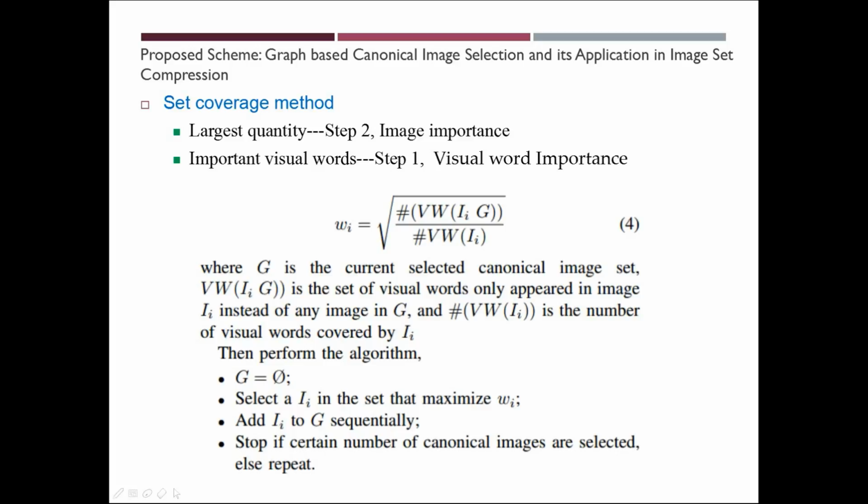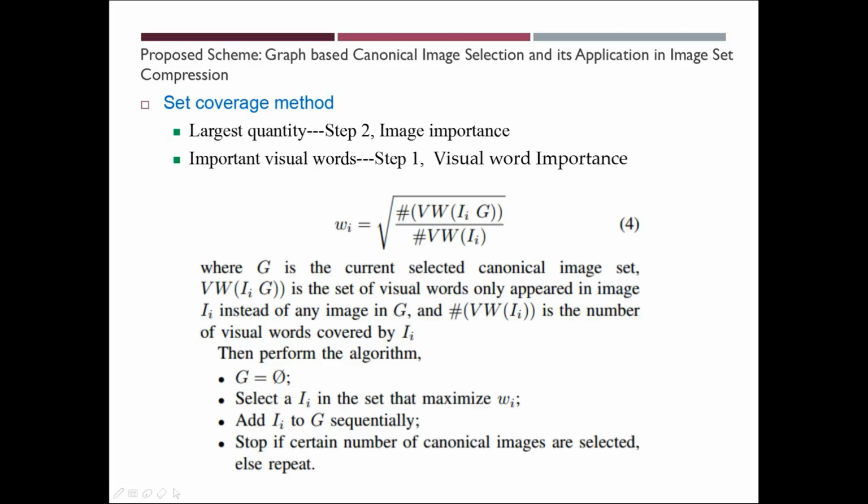Then we define this omega I, and in this equation, G is the current selected canonical image set, and this is the set of visual words that only appear in image I_i instead of any other image in G, and this is the number of visual words covered by I_i.